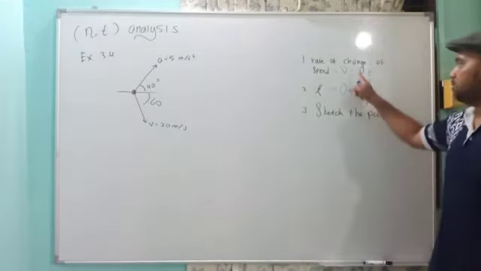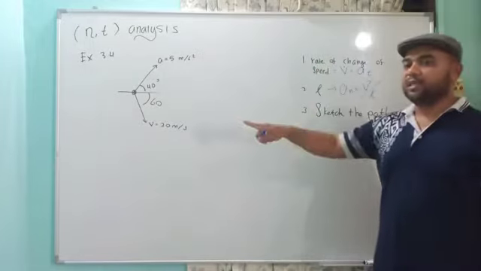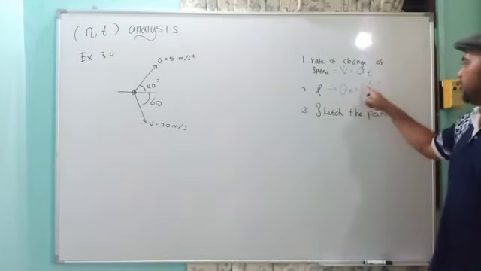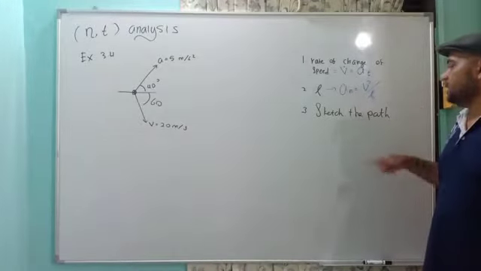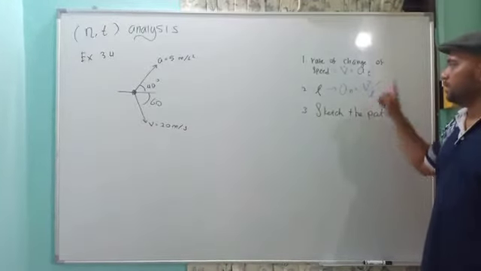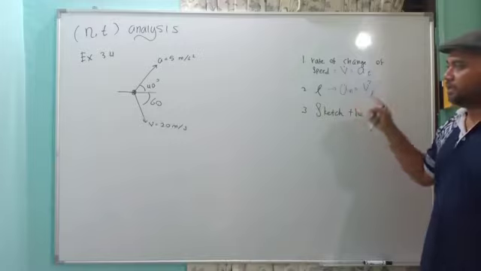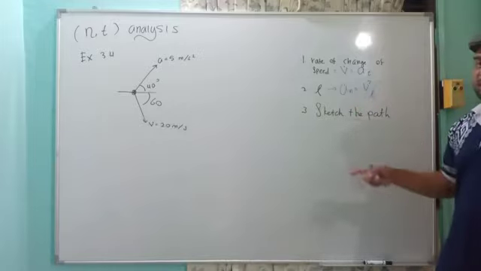You get A tangent to answer the first question, then A normal divided by V squared gives rho. Then sketch the path later on.